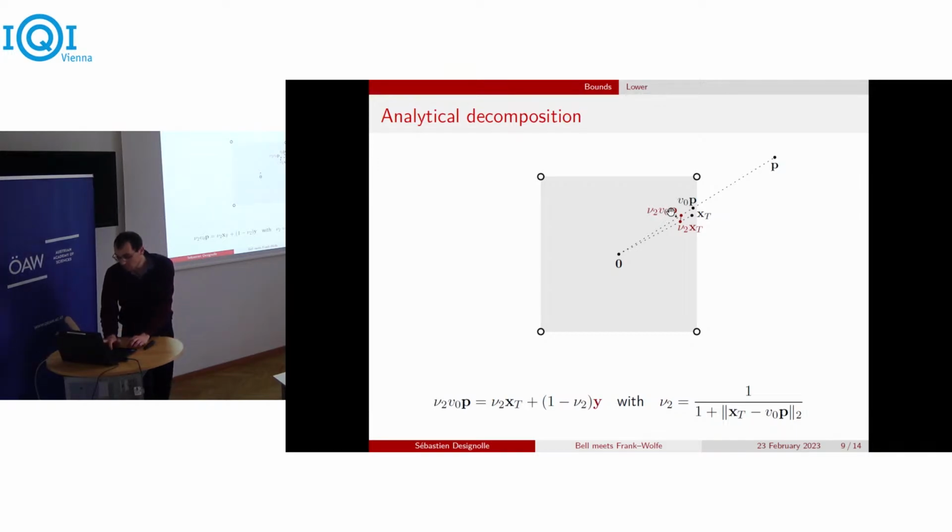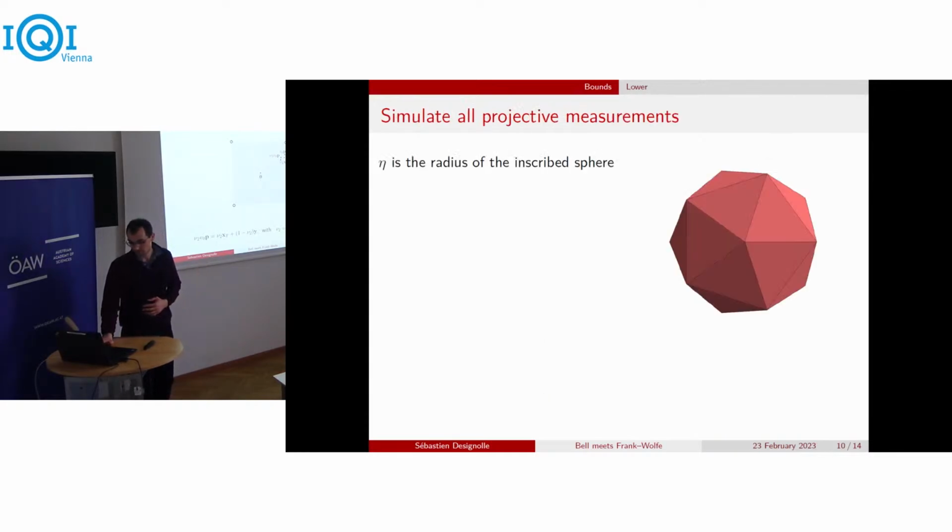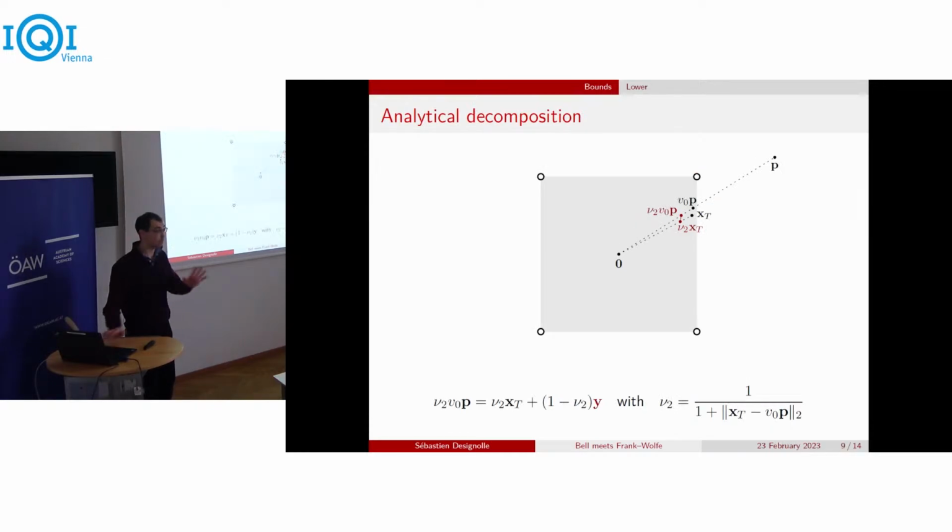In total, you have a decomposition of this point here, because you have one from the output of the algorithm, and one from the fact that it has a small norm, so that it's in the interior of the local polytope. So this was to get an explicit local model in the finite scenario of our point P, with some noise.